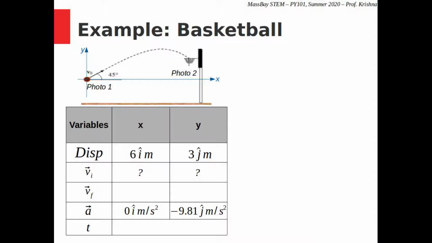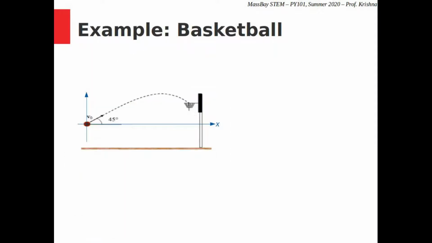Until we realize there's something we didn't account for. Let's look at the vector for initial velocity. We don't know its size, but we do know it was launched at 45 degrees. Let's call the size of that initial vector v. That means we could describe the initial velocity in polar notation as v at 45 degrees.